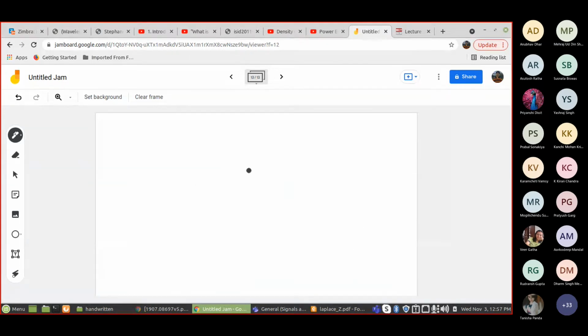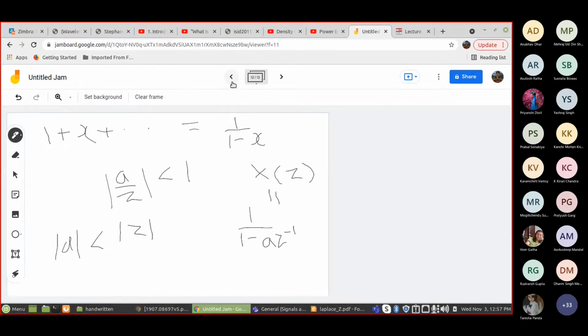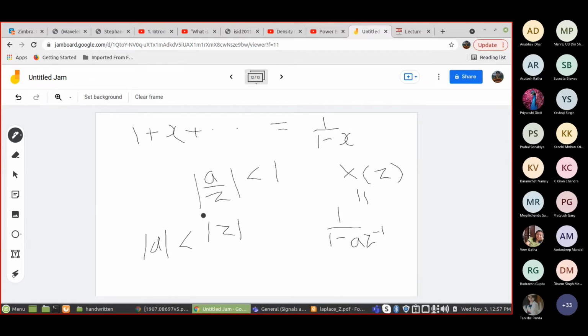So mod z is just r because mod of e to the power j omega is 1. So ROC looks like this. This is your circle of modulus a, mod a, and the ROC is everything outside this. So that is for right-sided signals.